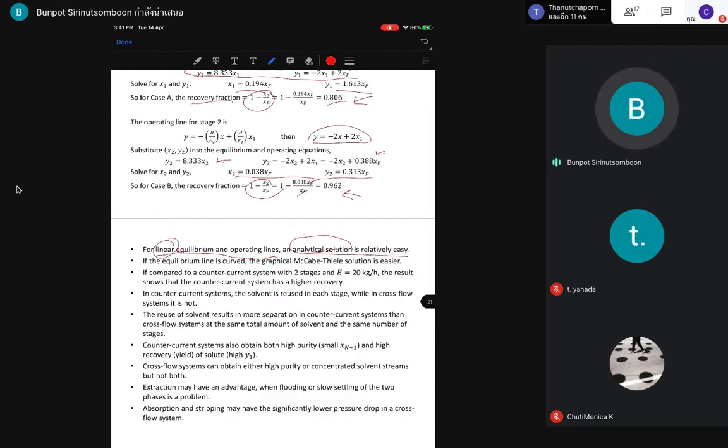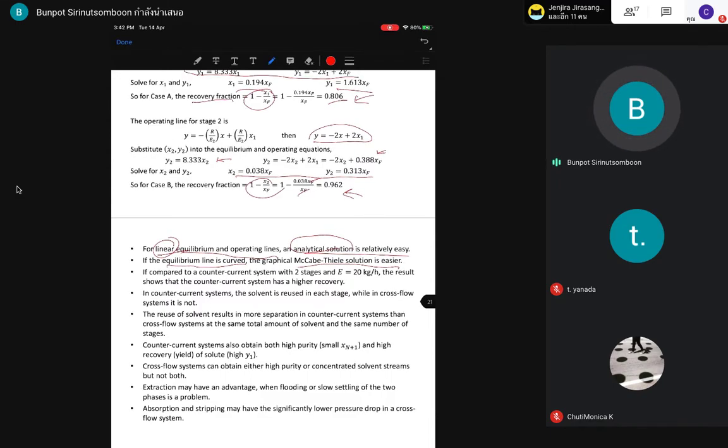But be careful if your problem has a curved equilibrium line; then the graphical method is easier. So it's good if you can master both the analytical and graphical techniques. You should be able to do both.